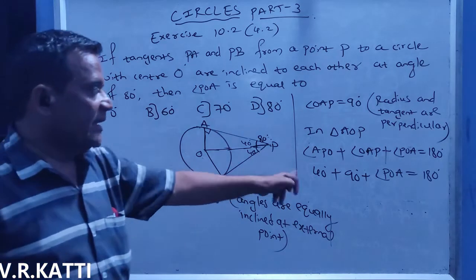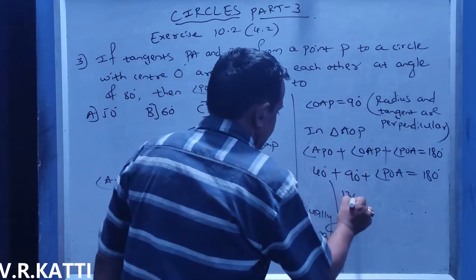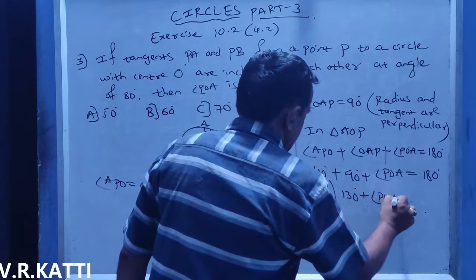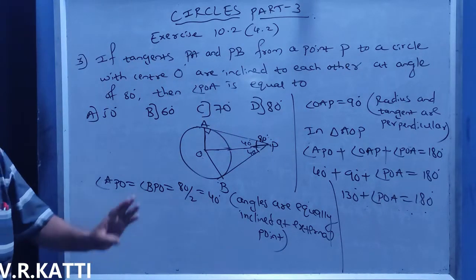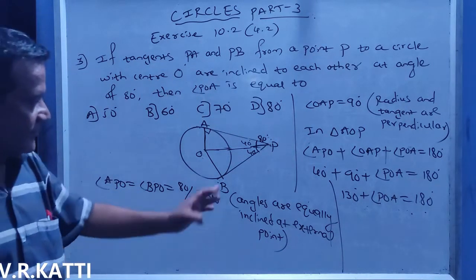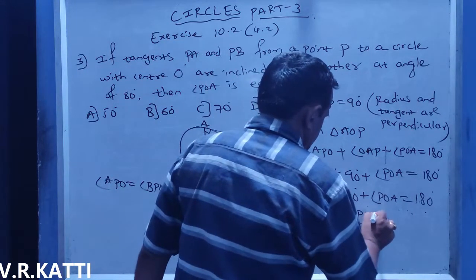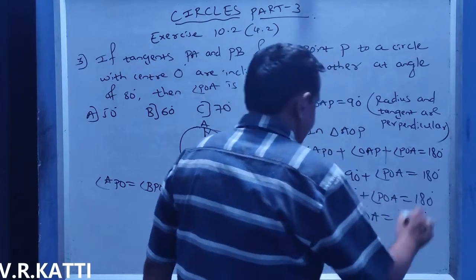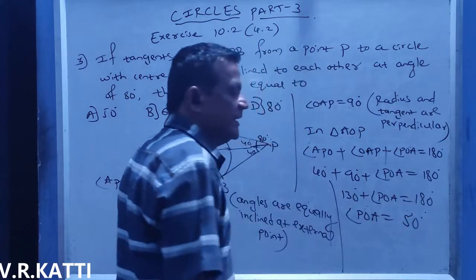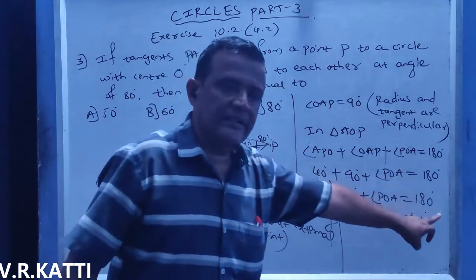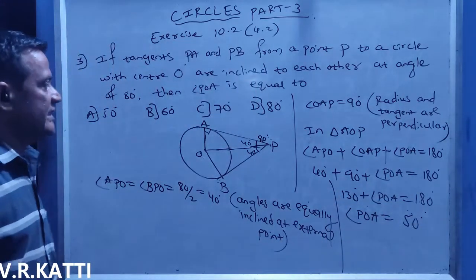Students, 40 plus 90 is 130, plus angle POA equals 180. Set 130 that side. 180 minus 130 is 50. Sorry, not 150, 50. Angle POA is 180 minus 130, which is 50.